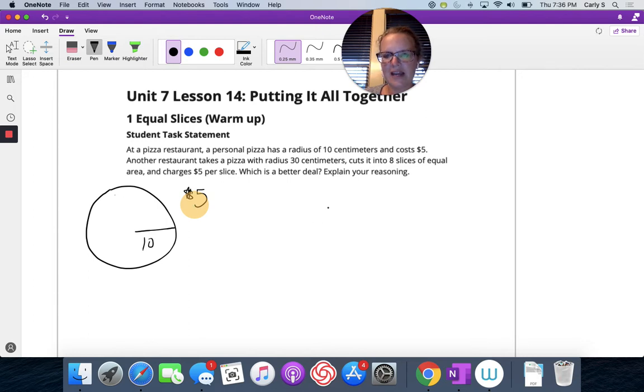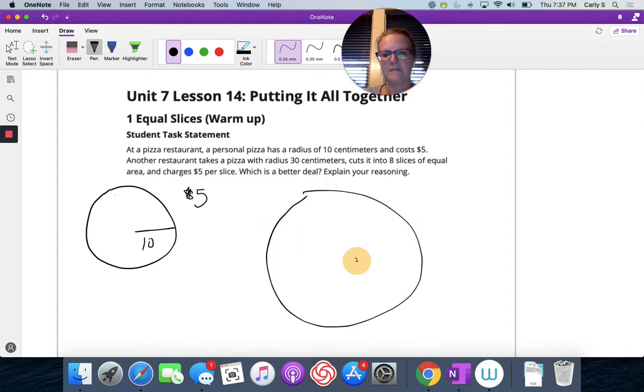Another restaurant takes a pizza with a radius of 30 centimeters, so it should be 3 times as big, and cuts it into 8 slices of equal area.